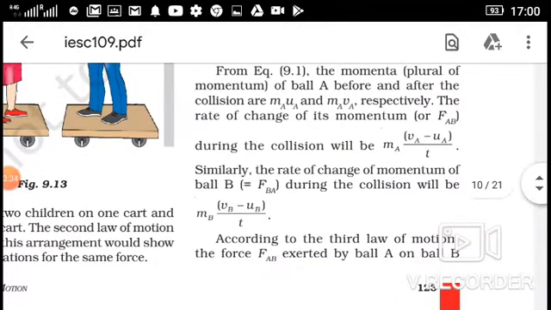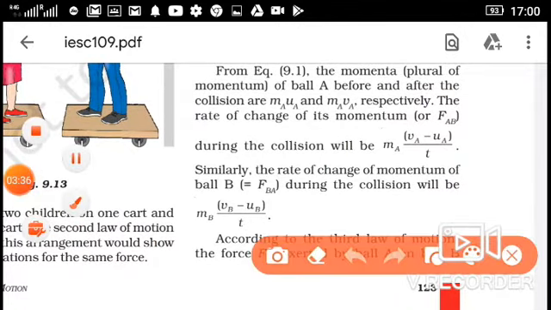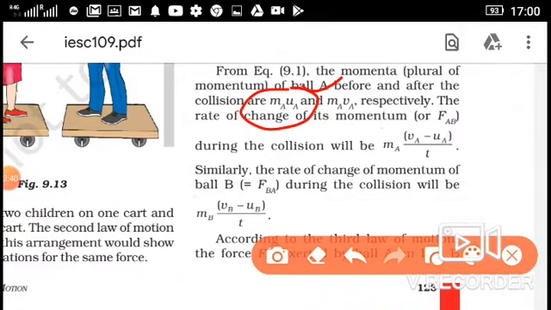Momentum of ball A before collision is MAUA, and after collision it is MAVA, because the velocity changes from the initial velocity UA to the final velocity VA. When they collide, the momentum changes because of this velocity change. The mass stays the same.